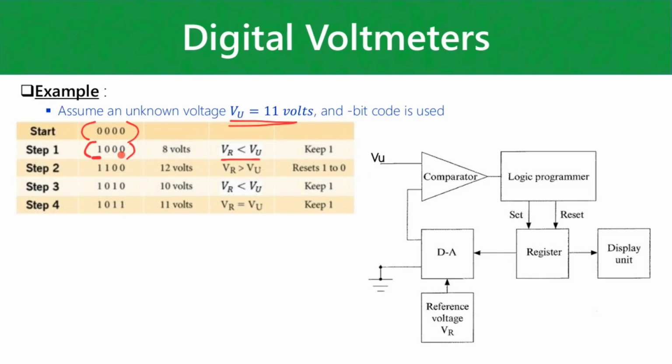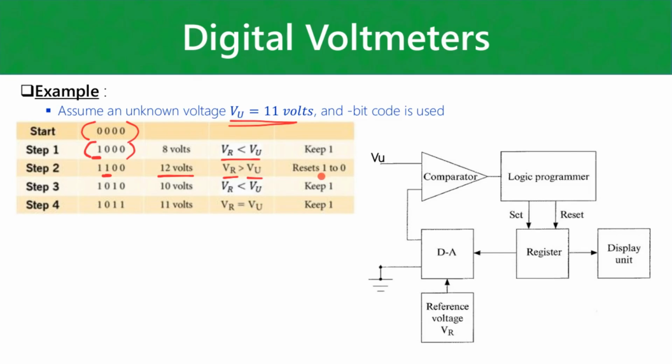Right, so it keeps the 1, and then it moves on to the next most significant bit. In this case, it now picks up, okay, that's 12 volts. So the comparator is now going to output 0 to the logic programmer. And it's going to say, okay, VR is now bigger than the unknown voltage.